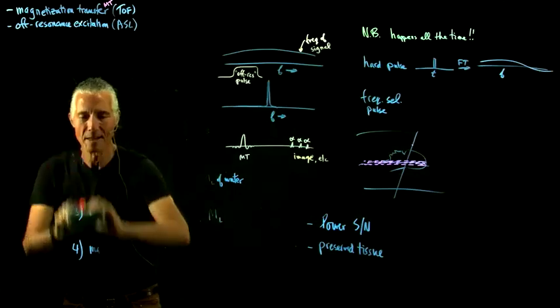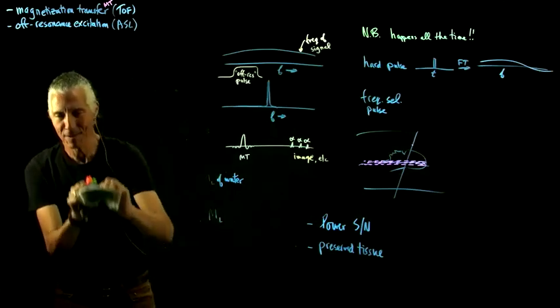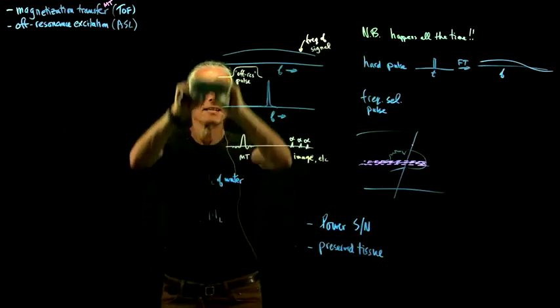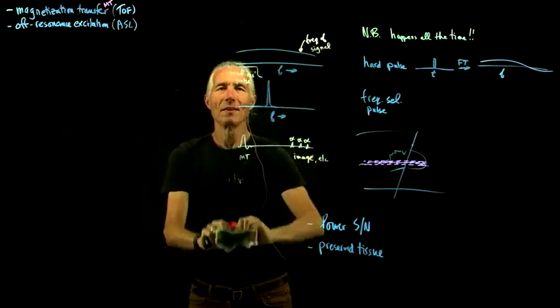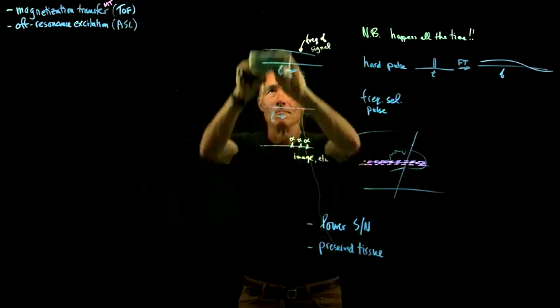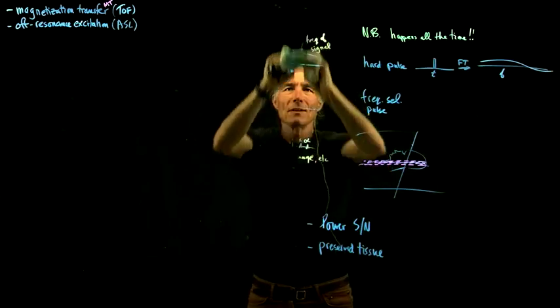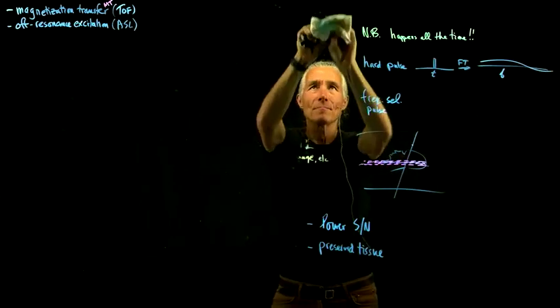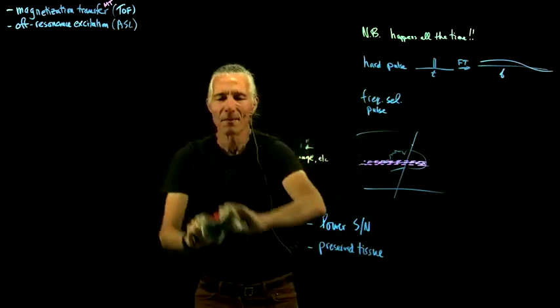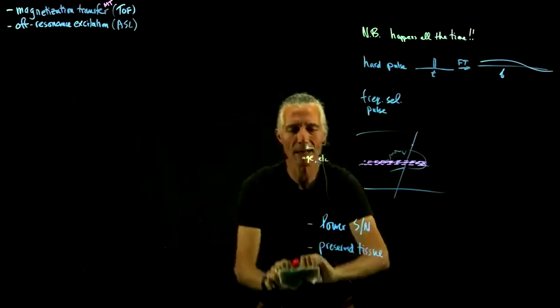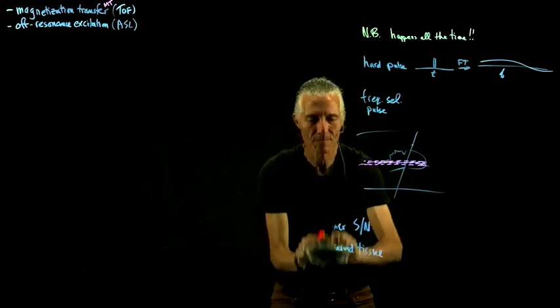So what's a time of flight scan? A time of flight scan was an early form of what you would call MRA, or magnetic resonance angiography, to visualize the blood vessels.